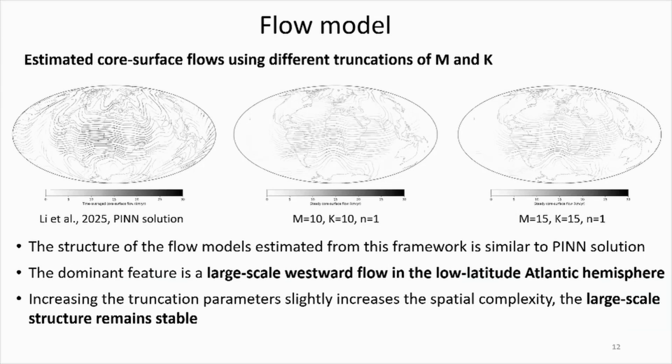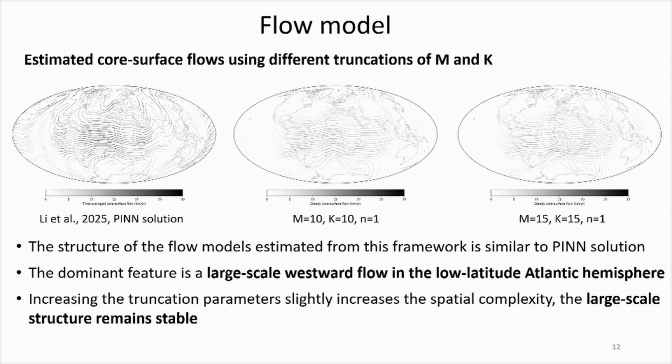For simplicity, we only use a steady core flow for model 1. This picture shows the estimated core surface flows using different truncations of M and K. The first panel shows the core surface flow of a PINN solution, and the right two panels show the structure of the flow model estimated from this framework.